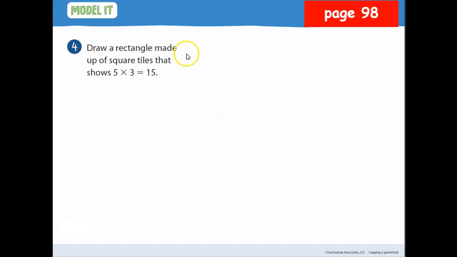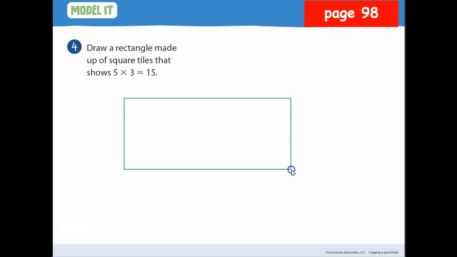Now draw a rectangle made up of square tiles that shows 5 times 3 equals 15. So what shape am I doing first? Yeah, a rectangle. So draw a rectangle like that. My first number is 5 times 3.